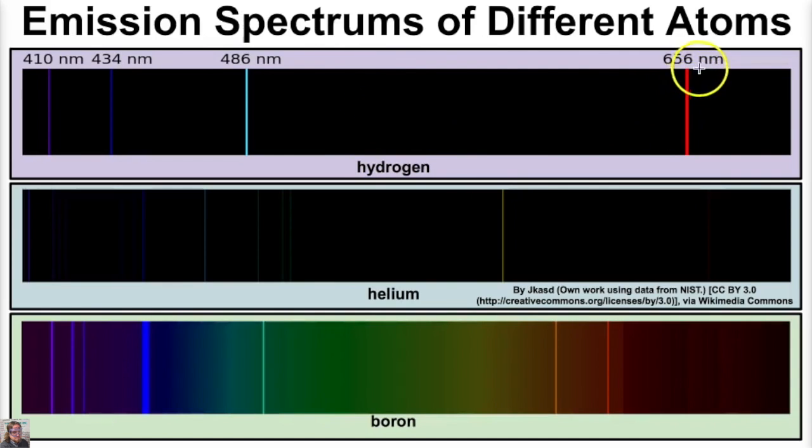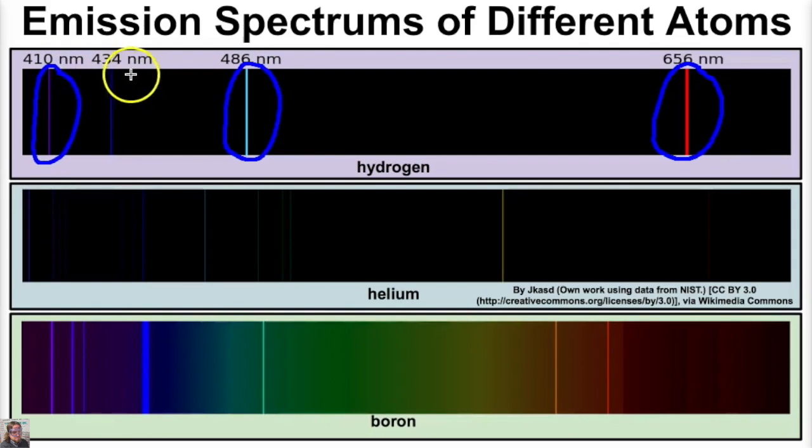We can see here that some of that energy comes in the form of red photons of light, some in the form of this light blue photon, and we have what appears to be indigo photons of light, and this dark blue photon of light as well.